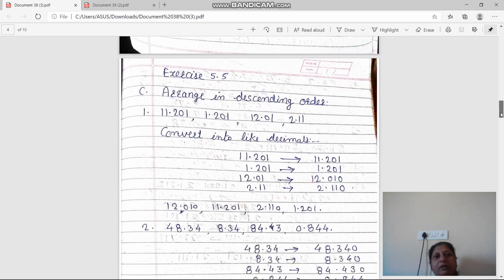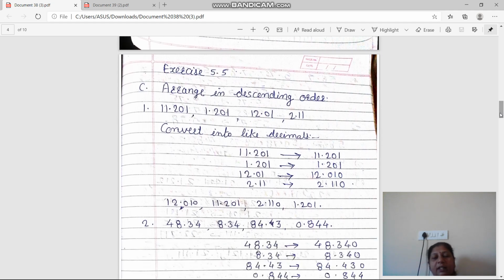Okay. Fine. It is exercise 5.5. Arrange in descending order. First of all we have to convert into like decimals. So see here: 11.201, 1.201, 12.010, 2.110. We have converted into like decimals. First of all we have to take the largest number.